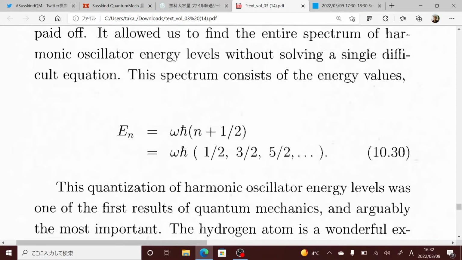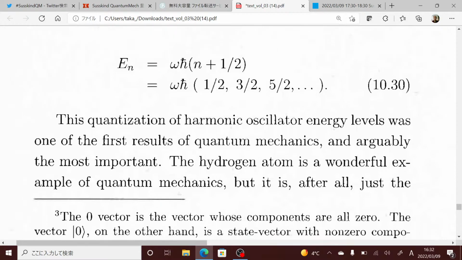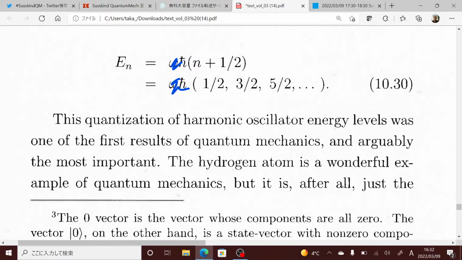This spectrum consists of the energy values. Actually, usually we will write h bar omega here. Instead of omega h bar, we usually write h bar omega. Using h bar omega as a unit, the spectrum goes like 1/2, 3/2, 5/2, and so on.